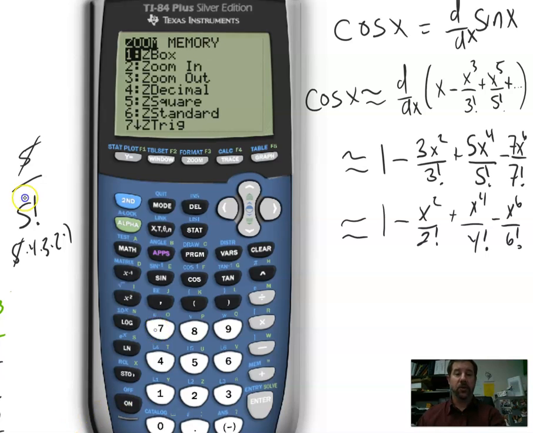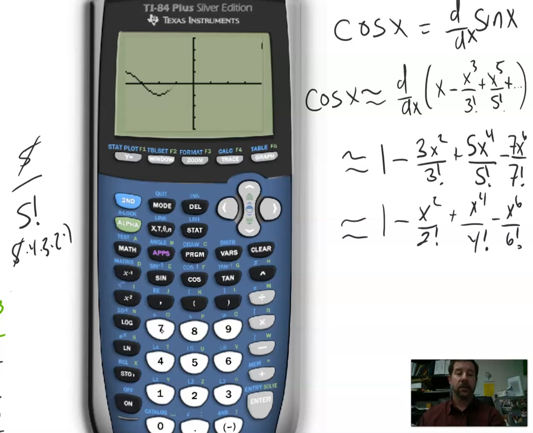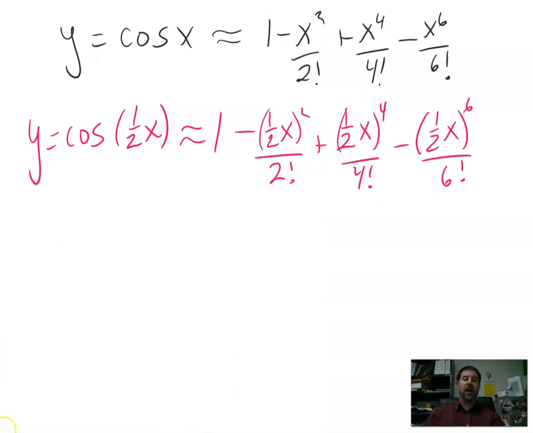So here's cosine of x. And here comes our approximation. So it was just that close that we could not tell the difference. You can see that this is a pretty good approximation, again on that tight interval close to 0. Nice. Okay, so we just learned that y equals cosine x can be approximated by that polynomial.